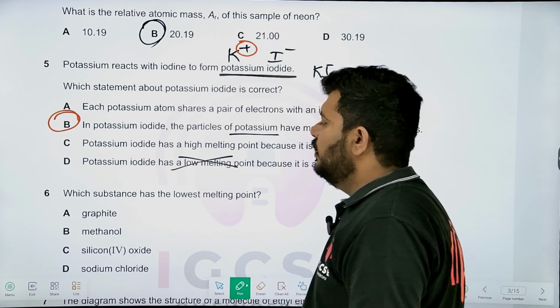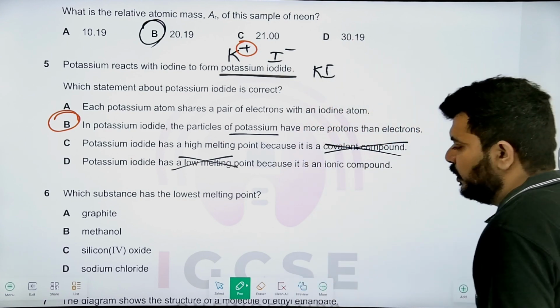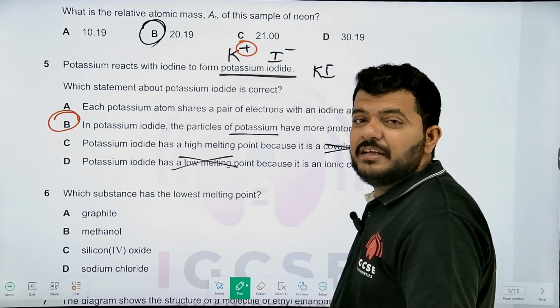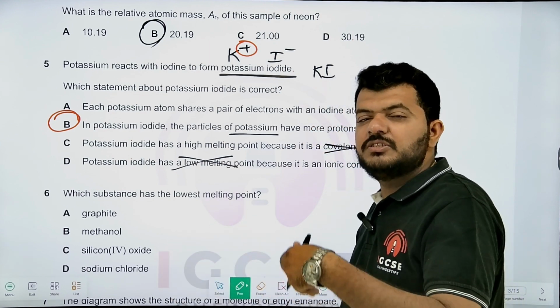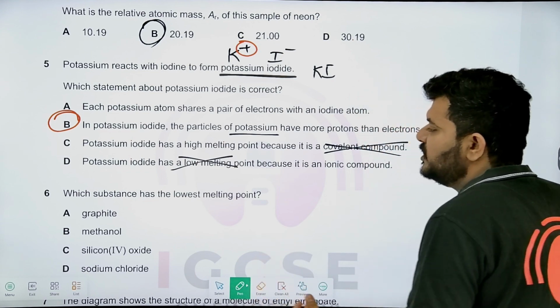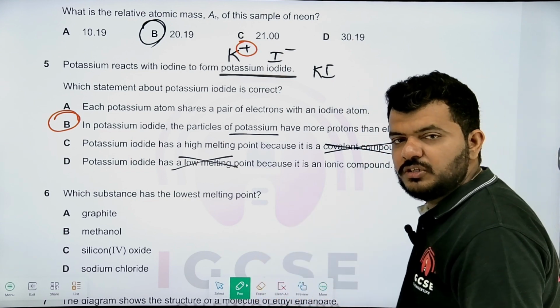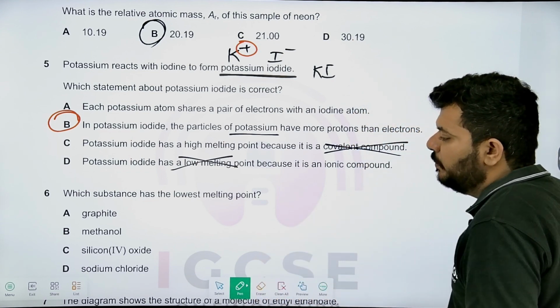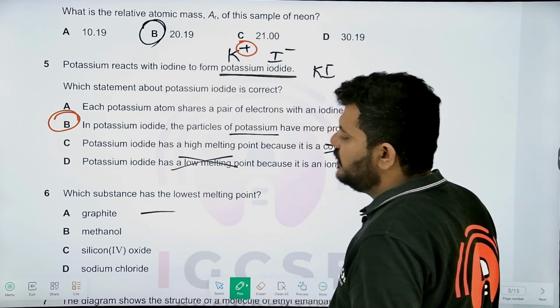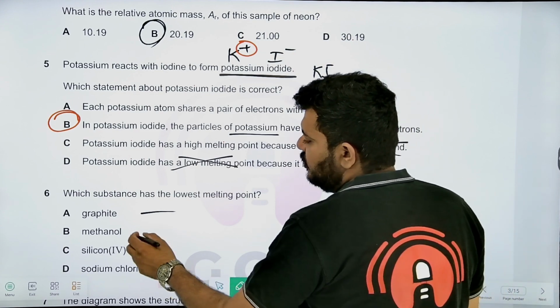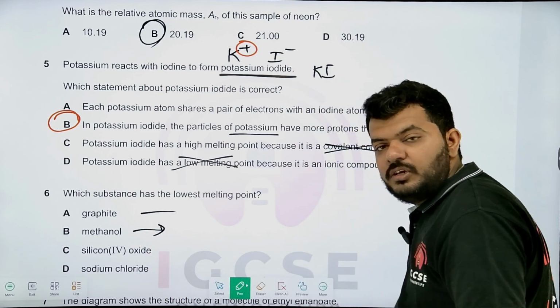Then we have, which substance has the lowest melting point? The one that has the lowest type of bonding, right? If it is molecular, the simplest structure has the lowest melting point. So graphite, it's a giant structure. Methanol, this is a molecular structure.